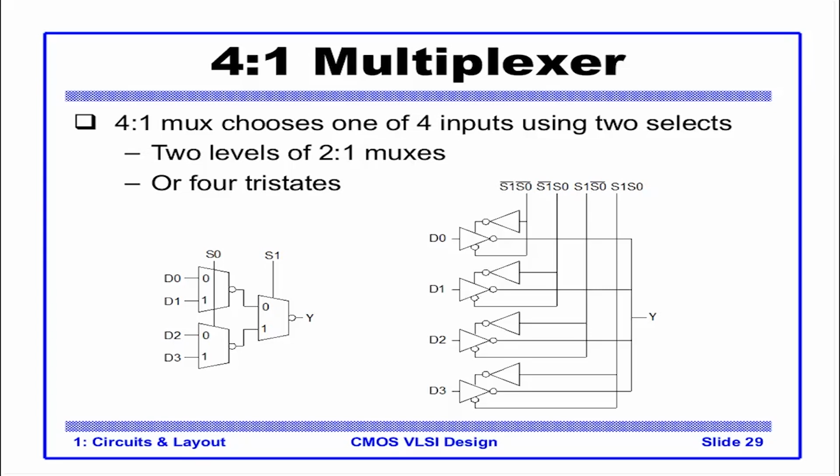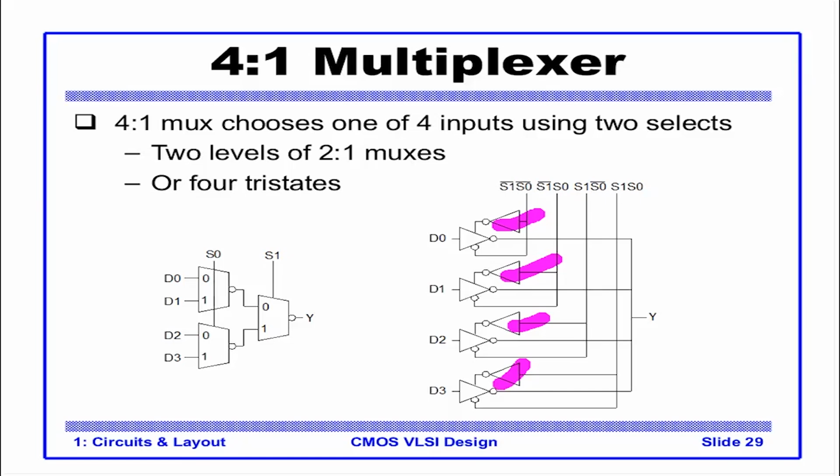So we will need two inverters, one for S0 complement, other for S1 complement. In fact, these inverters are shown here. S1 direct connection. Again, this is nothing but S0 bar.